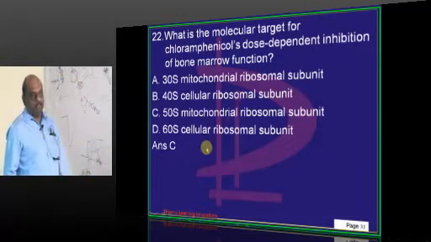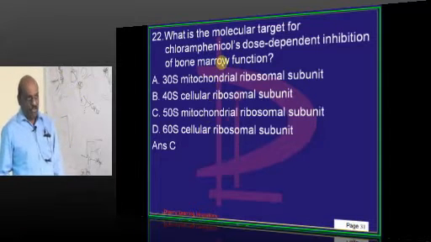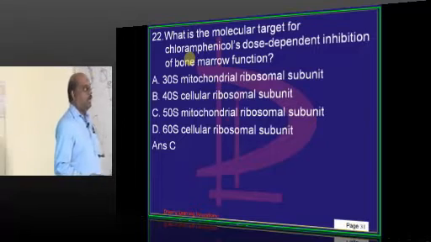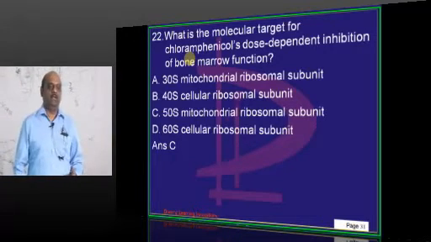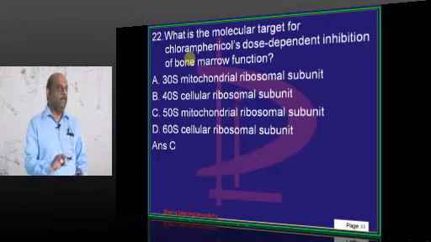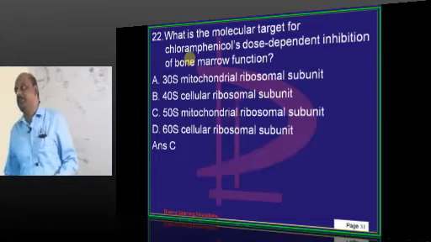So fundamentally it is a 50S ribosomal subunit inhibitor, as all of you know. So which are 30S, which are 50S, and all the antibiotics and their mechanism of action. One question definitely will come in the MD entrance, AP PG, Tamil Nadu PG, Kerala PG, every state PG entrance.